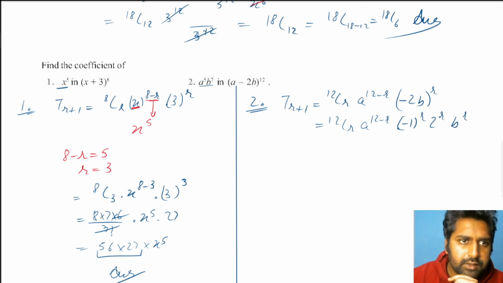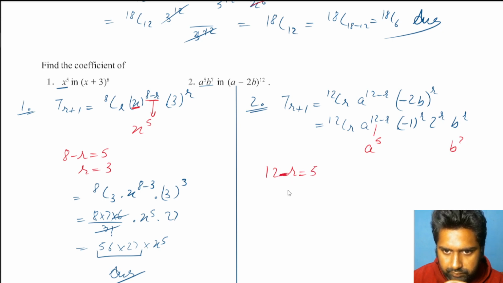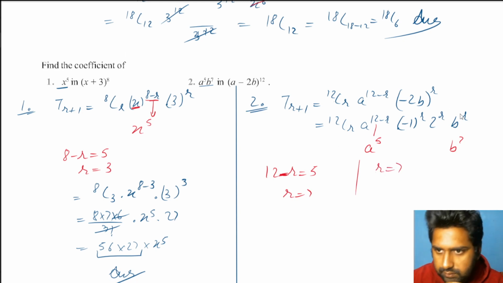Now compare it with a raised to power 5 and b raised to power 7. Even if you compare this, you will get 12 minus r as 5, that gives r as 7, and even if you compare this directly, you get r as 7.